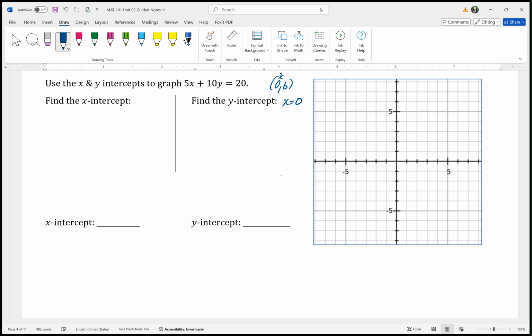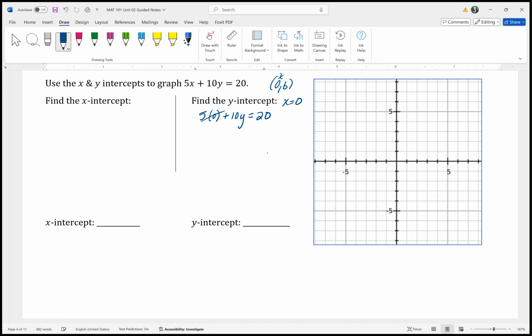So let's plug in x equals 0 into 5x plus 10y equals 20. So 5 times 0, our x, plus 10y equals 20. One thing I love about finding the x and y intercepts is that when you plug in 0, things start going away, because 5 times 0 in this case is 0.